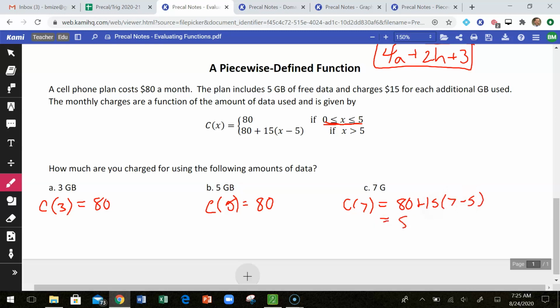And if you think about it, what we're really doing here is $15 for every gigabyte over 5, which is going to be 2 of them. And so that's going to be 30 plus 80, which is going to be $110. So if we use 7 gigabytes of data, it's going to cost us $110.